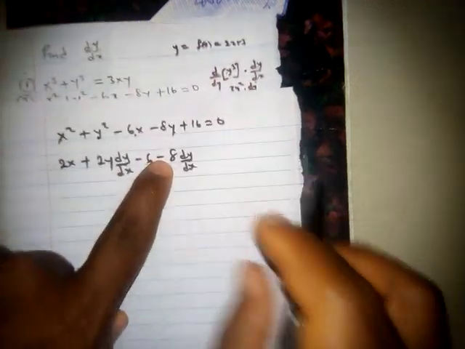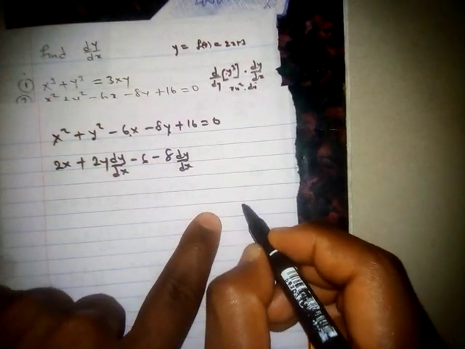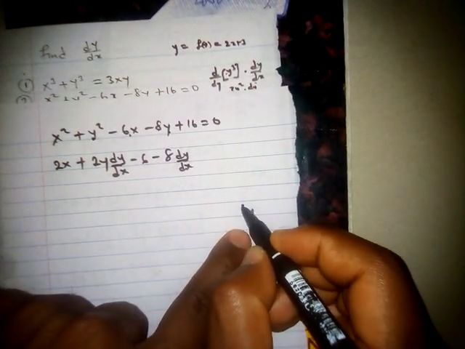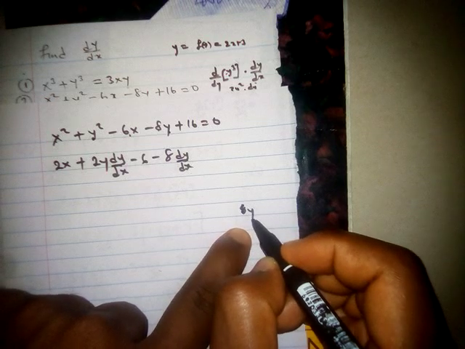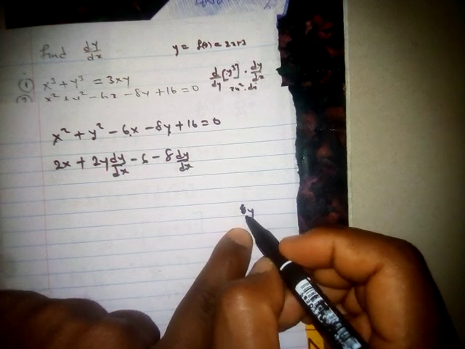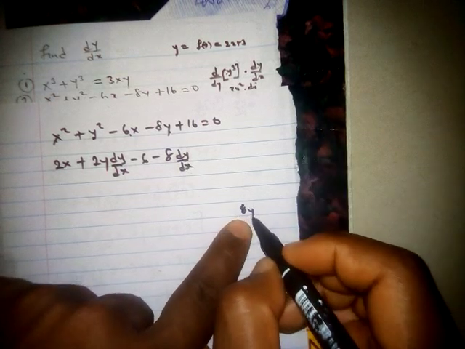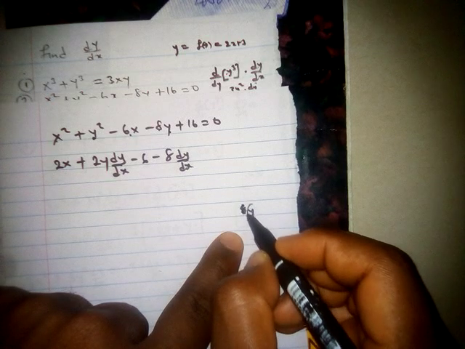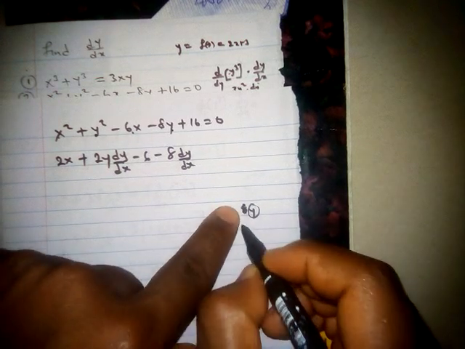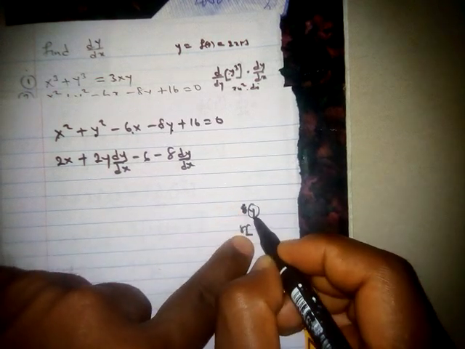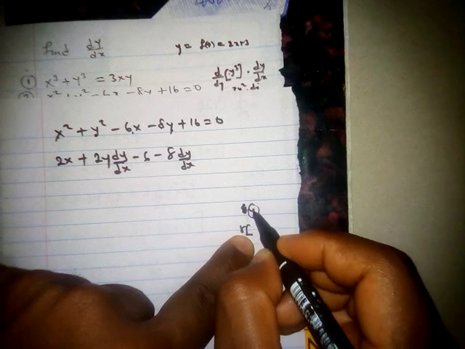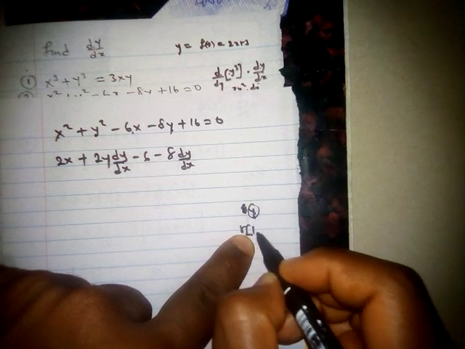I hope you're not confused. Remember, I have 8y and I'm differentiating 8y with respect to x. Since 8 is a constant, I'm only differentiating y, so this will be 8 times, differentiating y with respect to y gives 1 times.